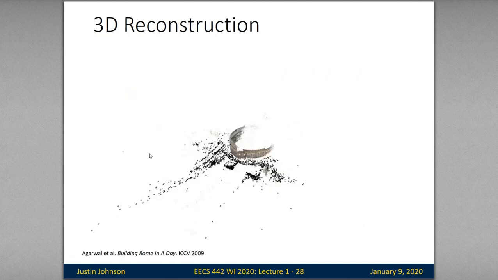Then in the last parts of the lecture, where we talk about 3D computer vision, we also look at 3D reconstruction, which is important, for example, for remote sensing, which means that let's say a drone is flying above a city or above a forest, and it wants to make a 3D map of the city or the forest below it.